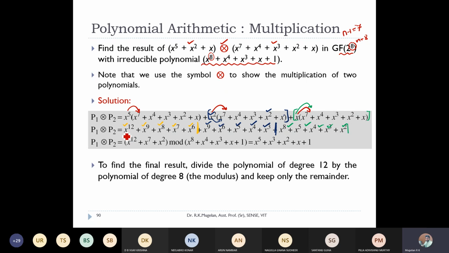So x power 12, I'm just checking. I don't have anything here, so x power 12. X power 9. As I said, we are going to use only XOR operation whenever addition comes into the picture. In XOR, if both bits are the same, the result will be 0.